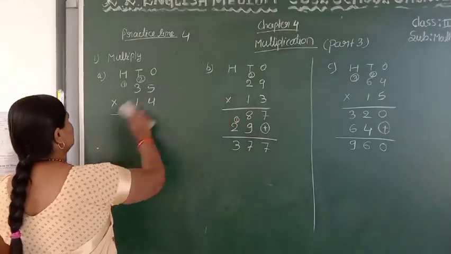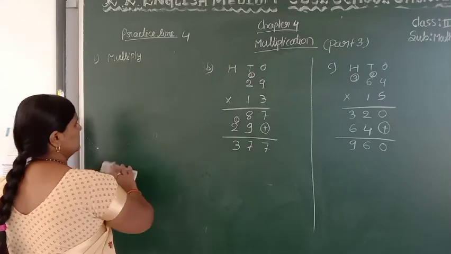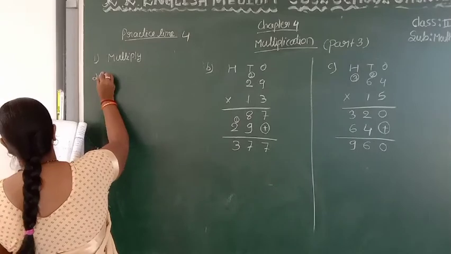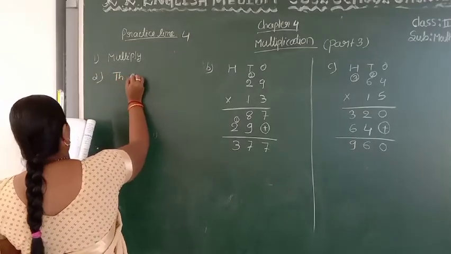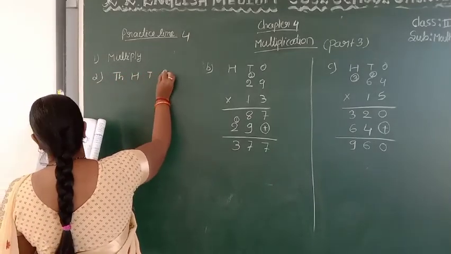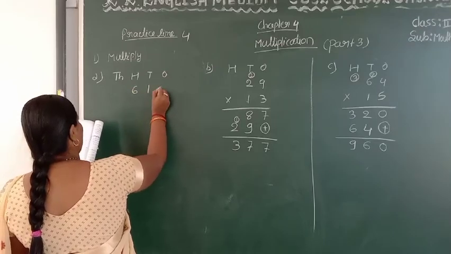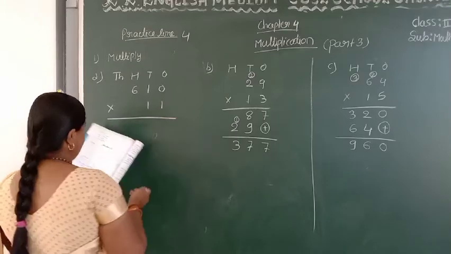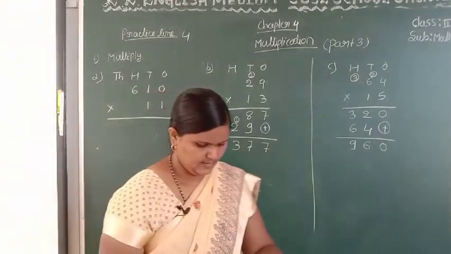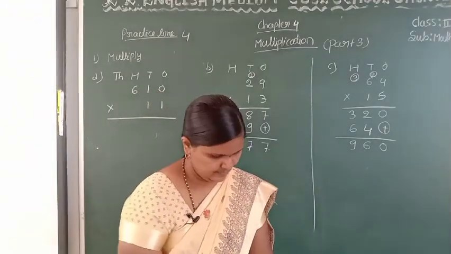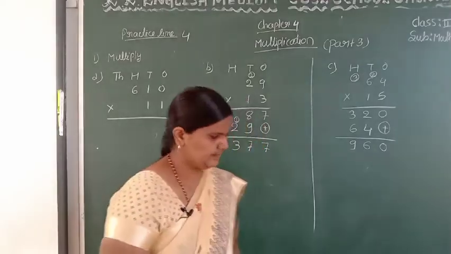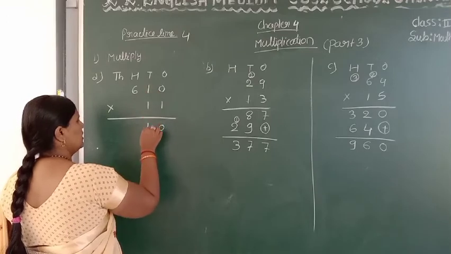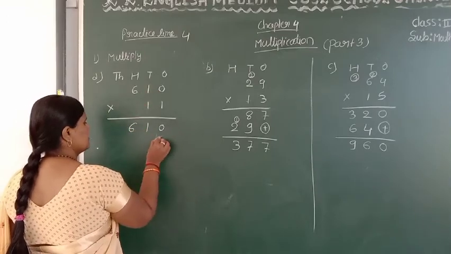Sorry, fourth one. Thousands, hundreds, tens, ones, 610 into 11. Okay, see here. 1 into 0 is 0, 1 into 1 is 1, 1 into 6 is 6.